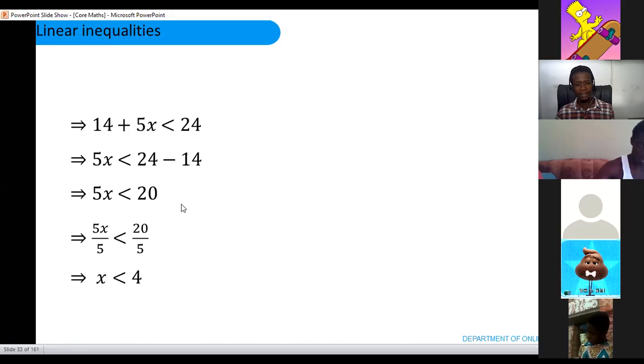Then, when we simplify further, we have 14 plus 5x less than 24.